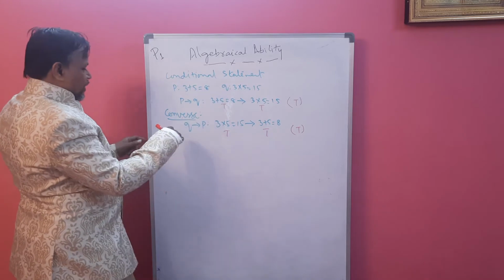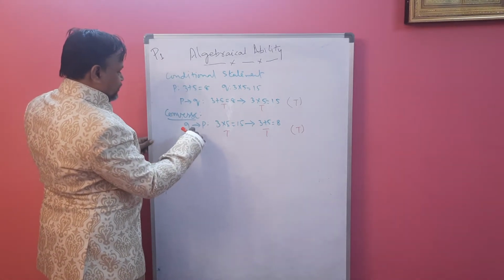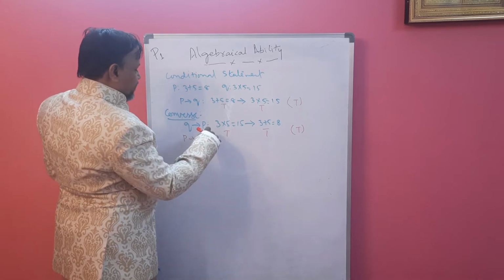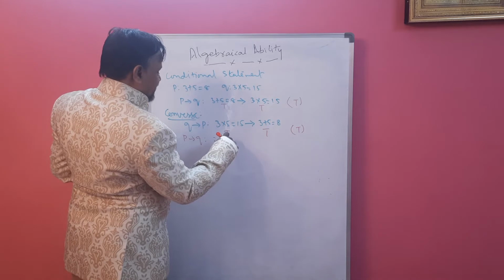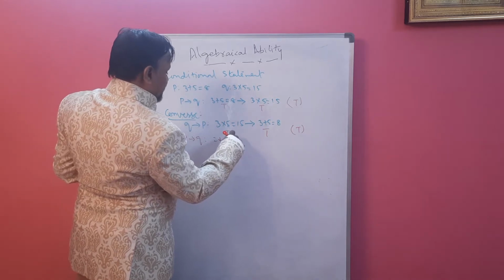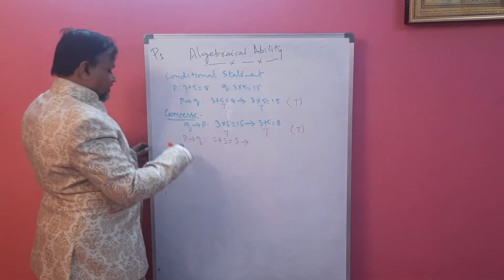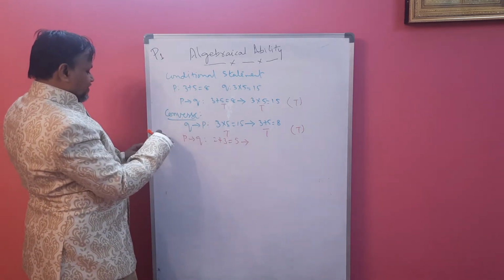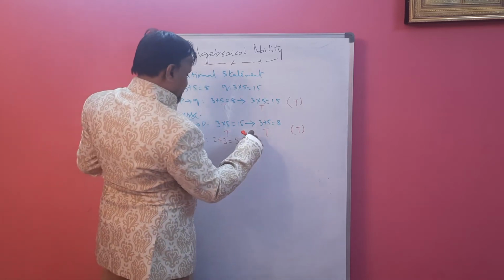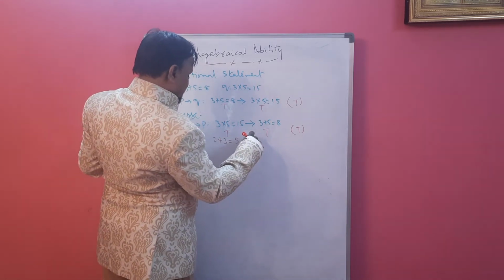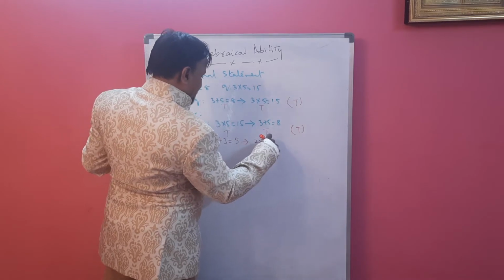We will see one more example. Suppose P implies Q, where P is 2 plus 3 equal to 5. This is our condition. For Q, suppose we are taking a wrong example: 2 into 3 equal to 7.